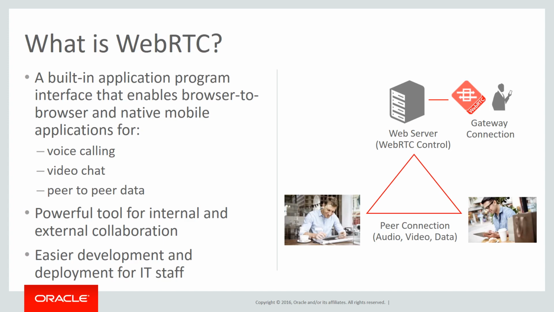As you see in the diagram on the right-hand side, we're enabling a peer connection between the gentleman on the left and the gentleman on the right. That's enabled by a WebRTC control server. And then the other critical aspect is being able to connect to people just on a plain telephone and being able to collaborate.